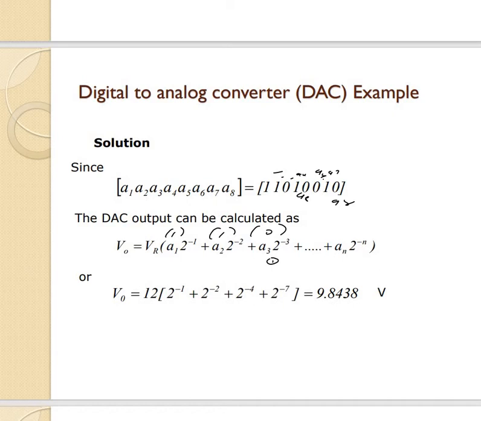We just get the numbers for A1, A2, A4 and A7, and we add them first and then multiply. We will get V0 equal to 9.8438 volt. So this is the calculation on how to convert a digital signal to an analog signal.